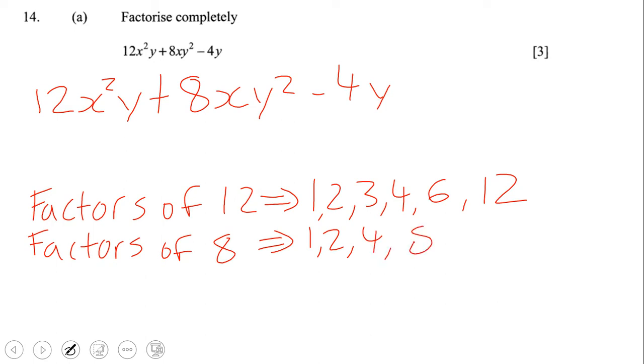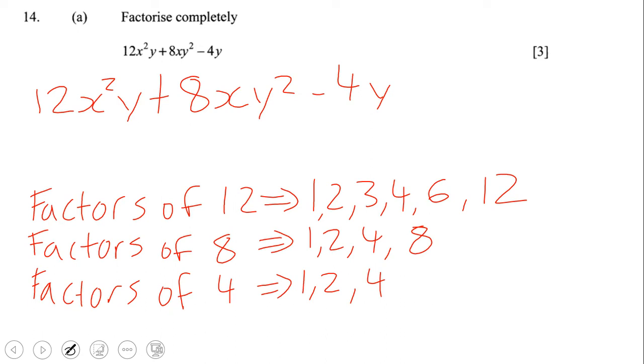Then the factors of 4: 1, 2, and 4. So what is the greatest common factor? 4. Very good. So 4 is the greatest common factor.